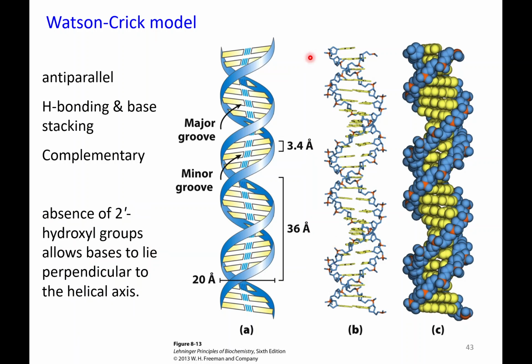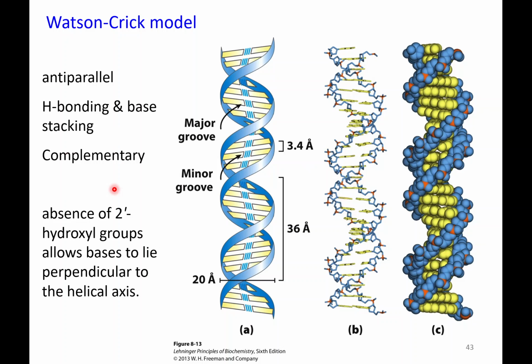Okay. So what we have with the Watson and Crick model is that it's anti-parallel, meaning one strand is running 5' to 3', and the other strand is running 3' to 5'. Hydrogen bonding is very important in this model between the strands, and then you have what's known as base stacking going on within the same strand. So bases are stacking on top of each other as you move down the helix.